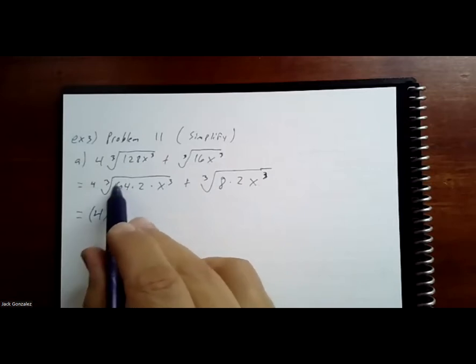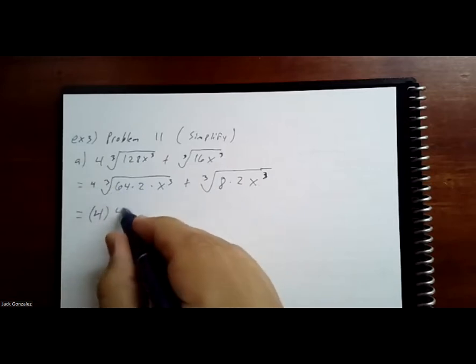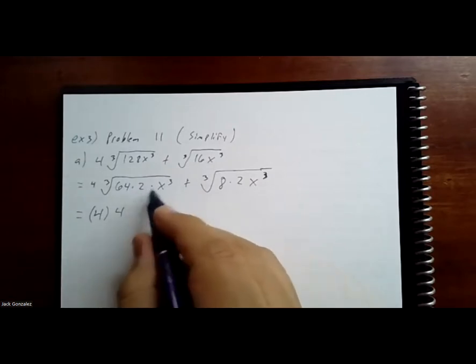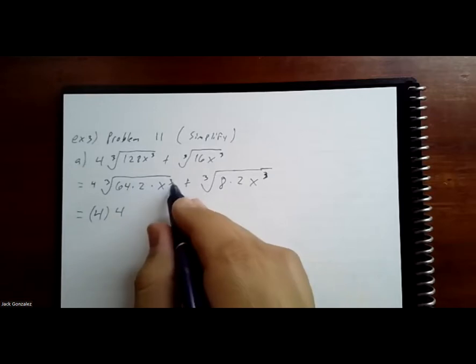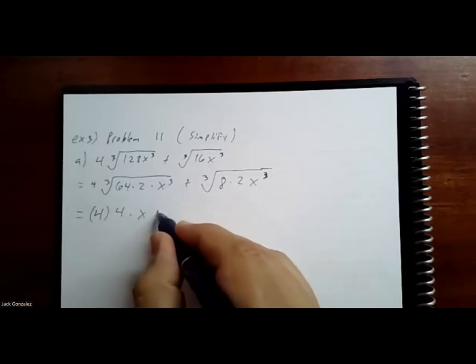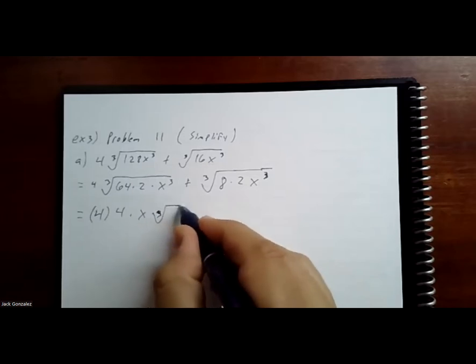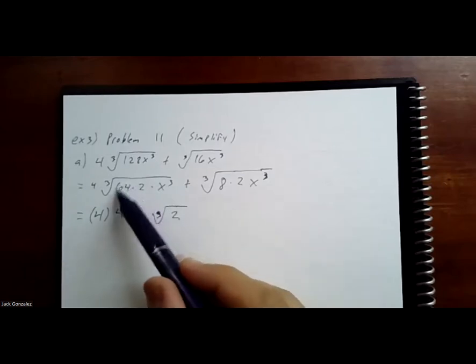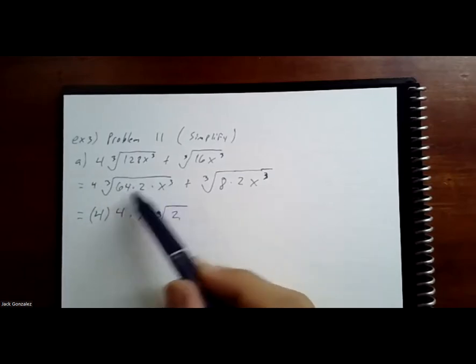So this is actually 4. The 2 is not going to come out, so that'll stay. Cube and cube root will cancel, giving me an x. Everything else will stay inside. That's kind of how I do it in my head. If you don't want to do that, that's fine. You can factor them first and then just cancel the 3s.